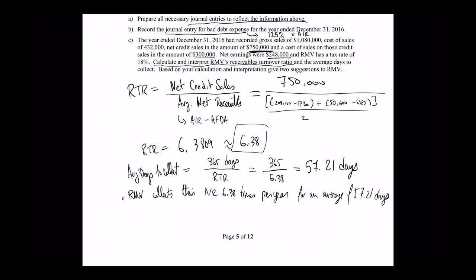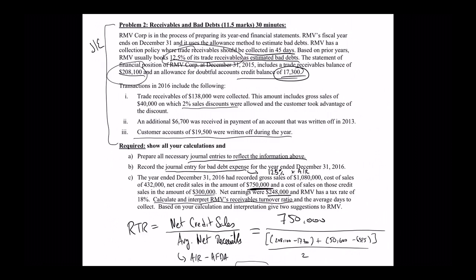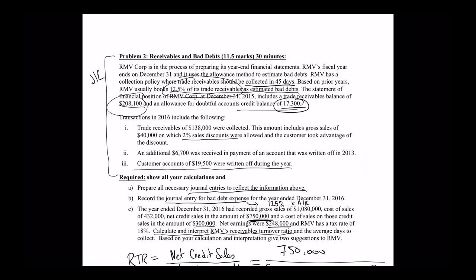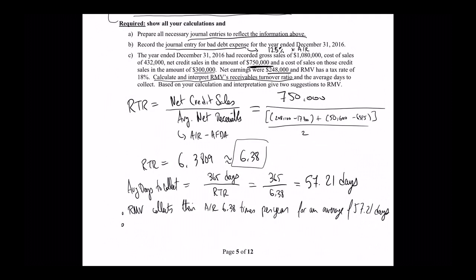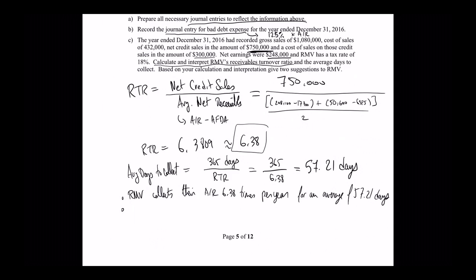Let's take a look at the narrative. It says they collect every 45 days. That's their collection policy. 57.21 days is higher than that. So 57.21 is greater than the 45-day collection policy.